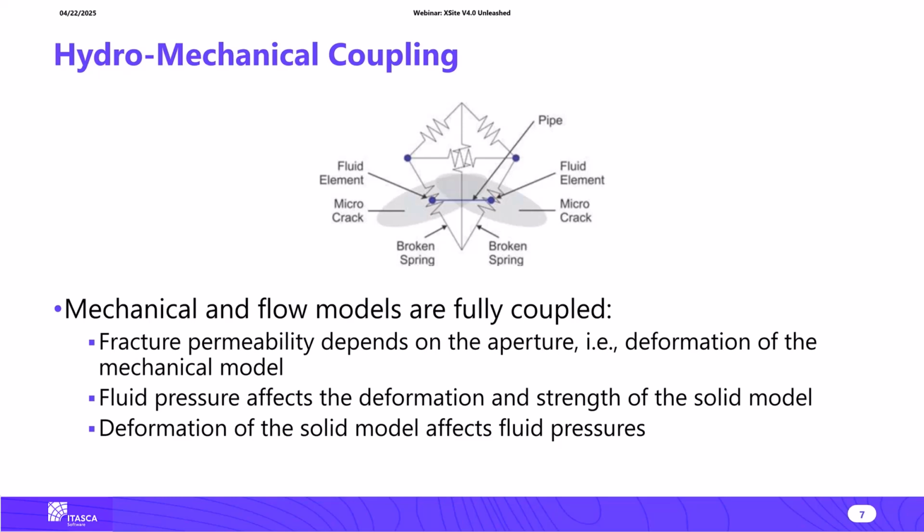So in the flow model, particularly when we simulate the flow in the fractures, we assume that microcracks are created in every spring of the lattice, which is intersected by pre-existing joints, or which is failed during the simulation.